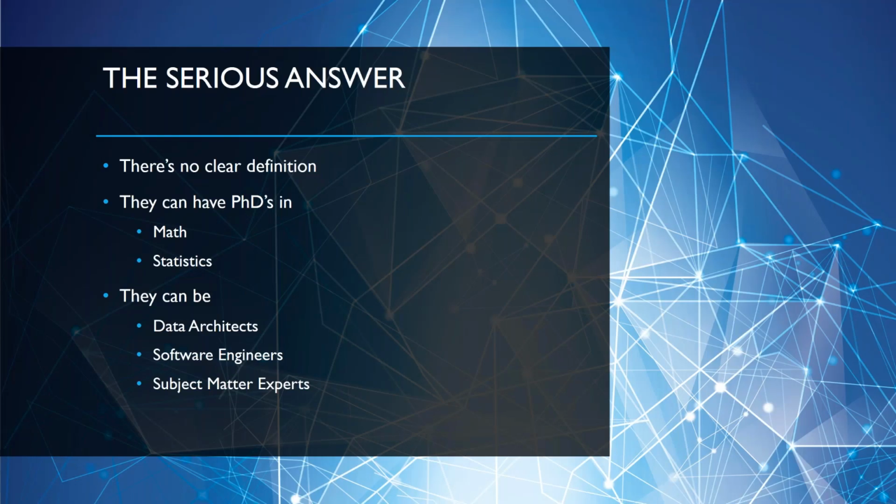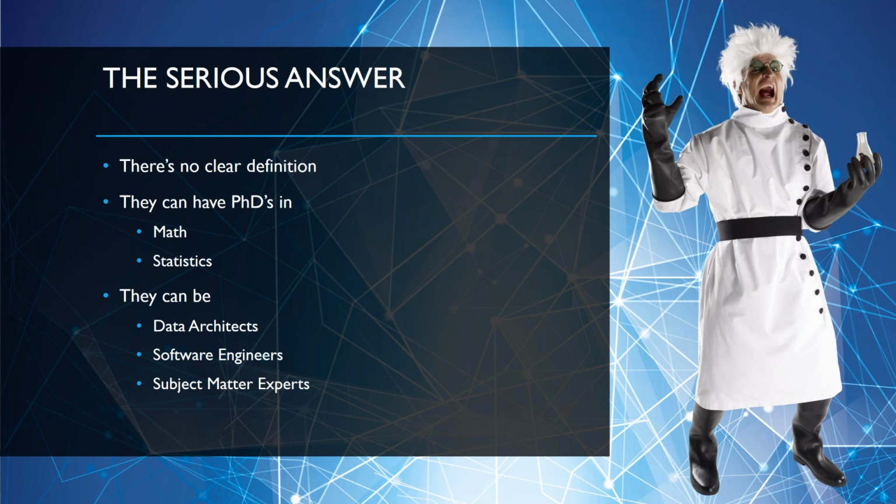Now, in truth, there's really no clear answer here. In fact, a lot of folks who are leading the industry have PhDs in math, science, and statistics. But what we're finding is that the vision of a mad data scientist is somewhat false. Because the reality is that it's going to take a team to take on some of these biggest problems.